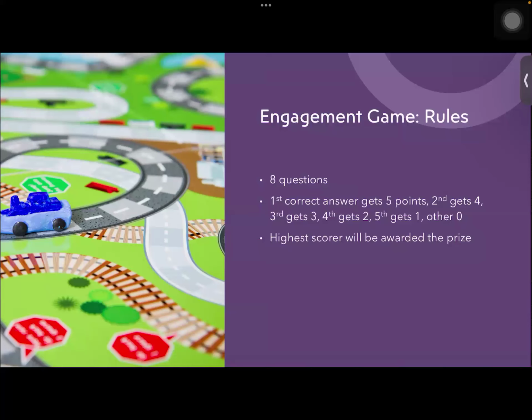The first correct answer gets 5 points, the second gets 4, the third gets 3, the fourth gets 2, and the fifth gets 1. From the sixth correct answer, we recognize 0 points. At the end of this event, we will calculate the score and award the prize to the highest scorer.